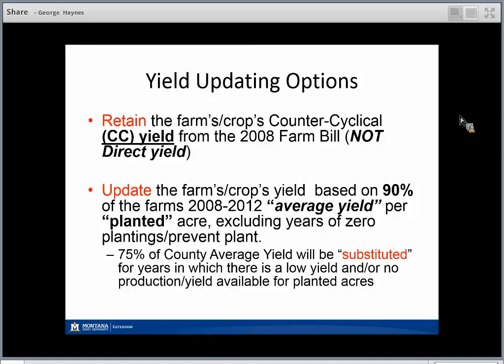So there's some rules of the game that allow you to do some substituting of yields to bump your yields up a bit. So yield updating was a really important consideration in the Farm Bill, and actually I will tell you that in working with farmers, it oftentimes took more time to get through the yield updating option part of this than it did to actually help people with the farm program choices.